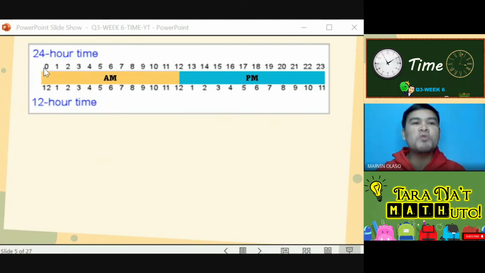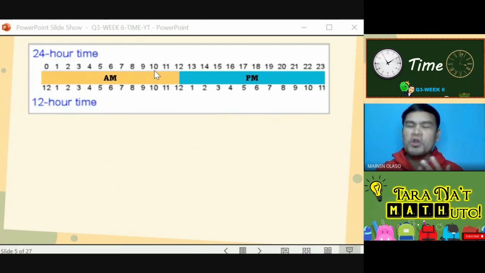Ibig sabihin kung ano na yung mga number from 0 to 24, ayan po yung ginagamit natin sa 24-hour system. It is written in 4 digits. Ayan. It is often called the military clock since soldiers are the ones who mostly use it.